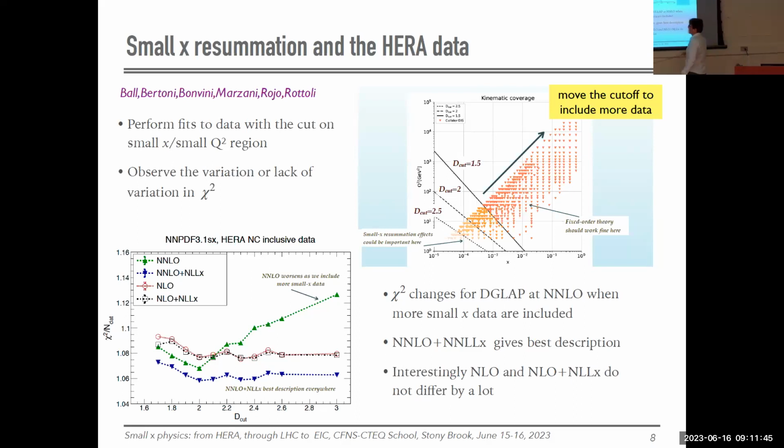Interestingly, although, if you perform the analysis at the order which is lower, actually you don't see this sensitivity. That may probably be explained by the peculiar behavior of the splitting function.